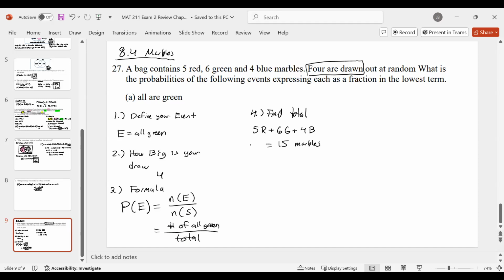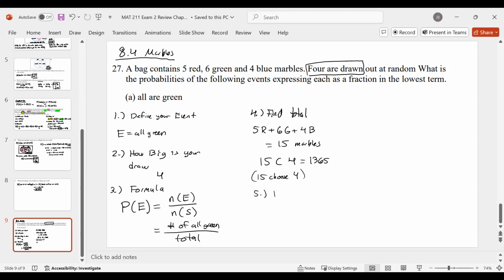So I have 15 marbles and I am choosing 4 of them: 15 choose 4. That's my total, and as a number it's 1365.